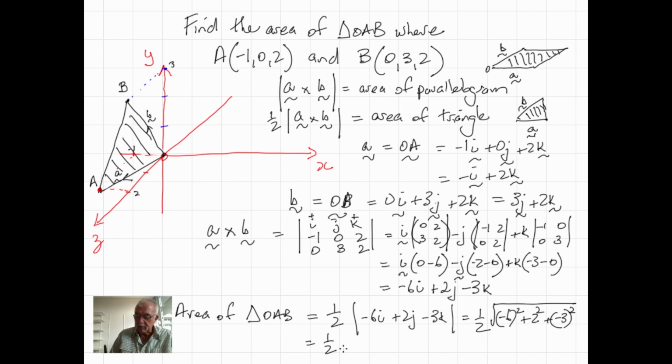So it'll be a half the square root of 36 plus 4 plus 9, a half square root of 49. Square root of 49 is 7, and a half of 7 is 3.5 square units.